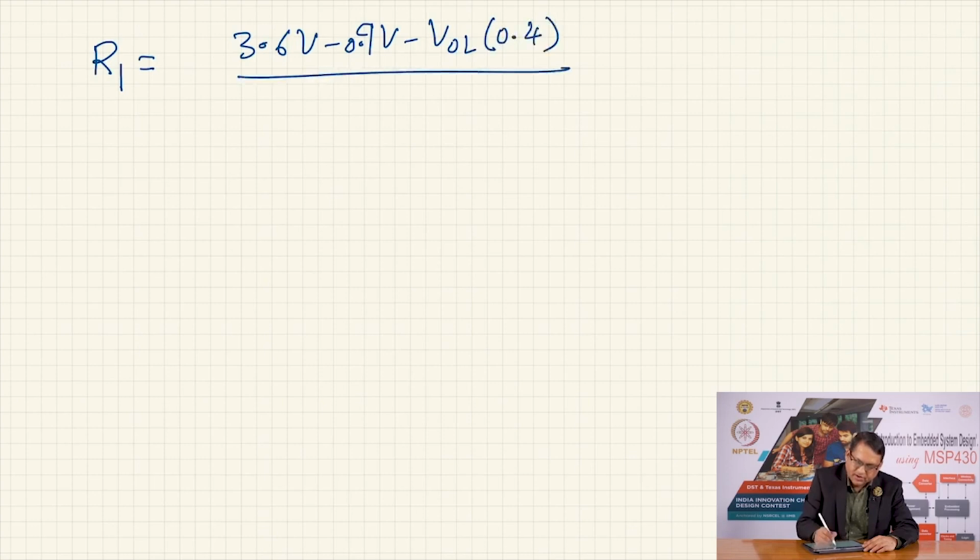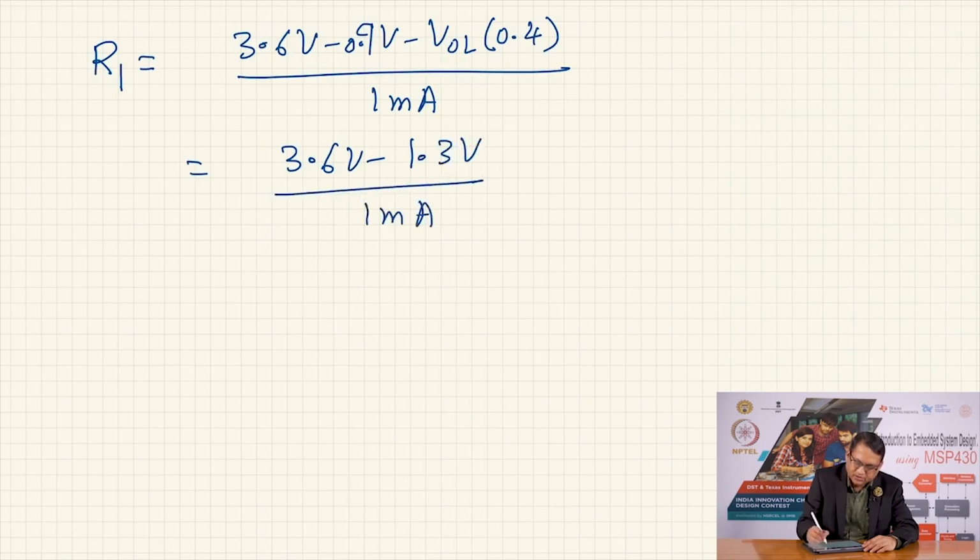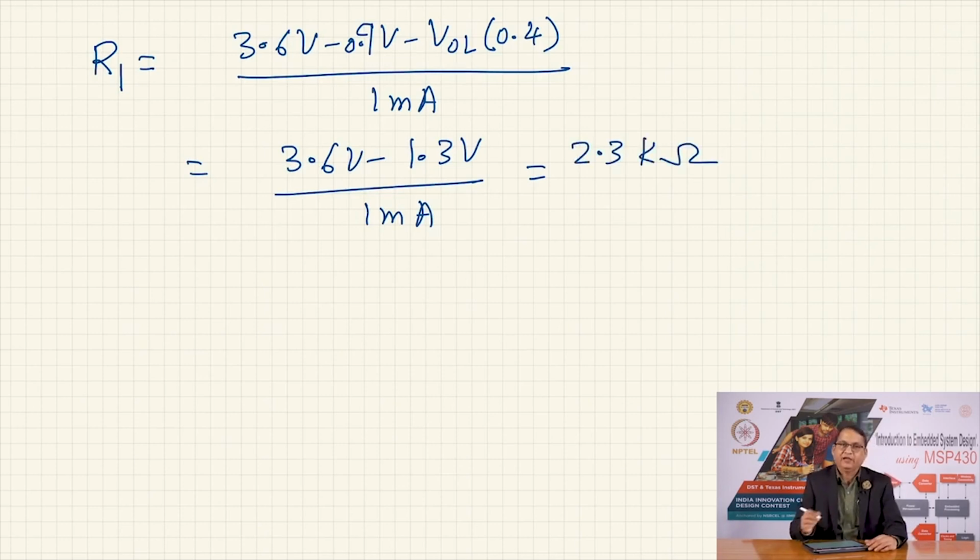So, this divided by 1 milliampere, and therefore, it is 3.6 volt minus 1.3 volts divided by 1 milliampere, and so this becomes 2.3 kilo ohm. So, the resistor value at the base has to be 2.3 kilo ohm to allow about 20 milliamperes of current through the LED.